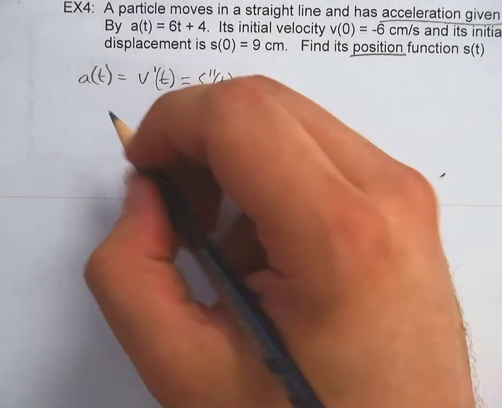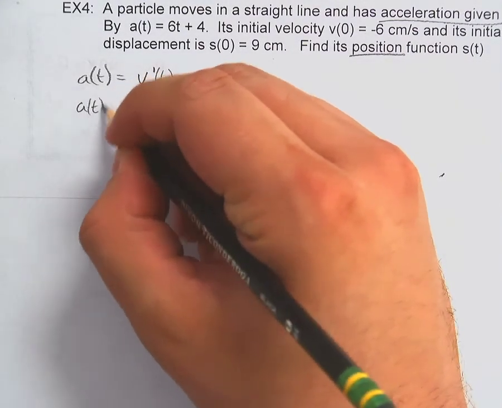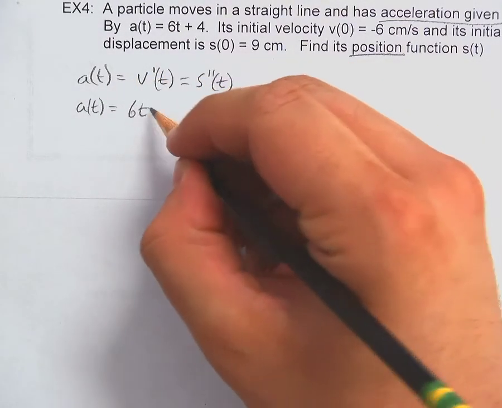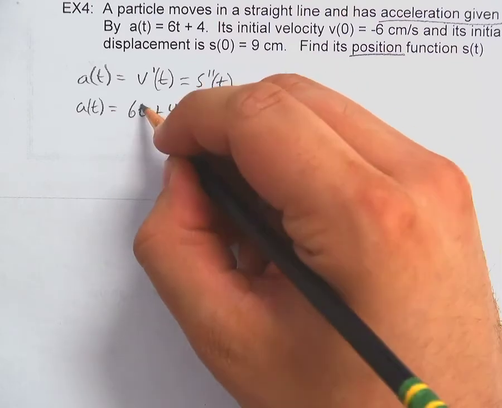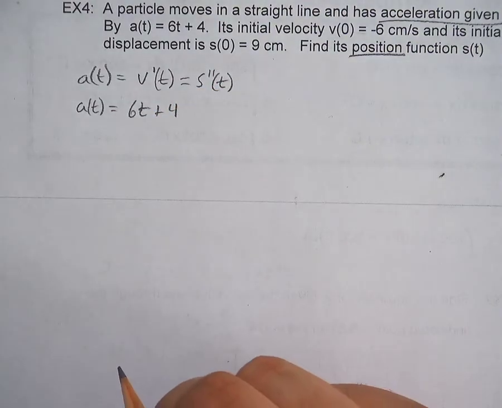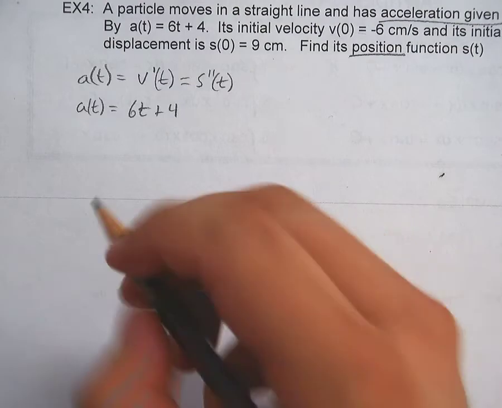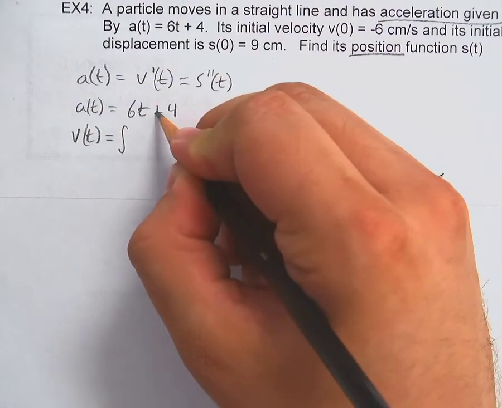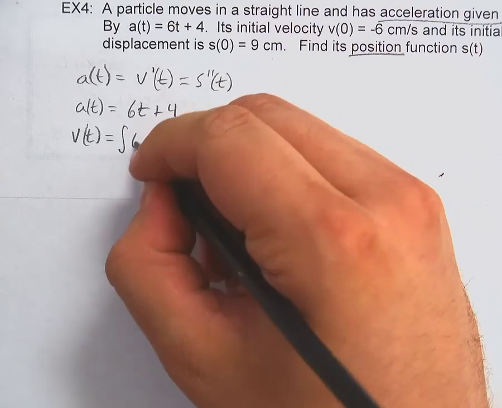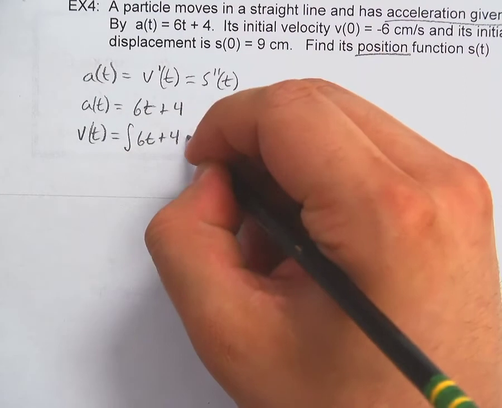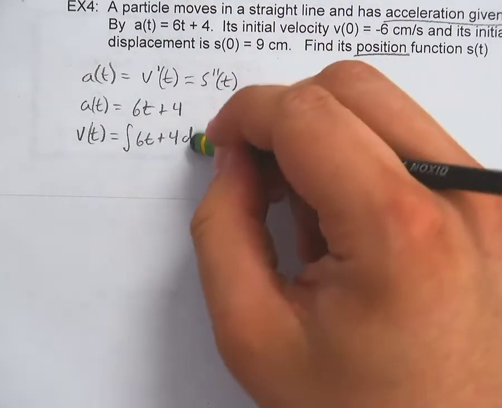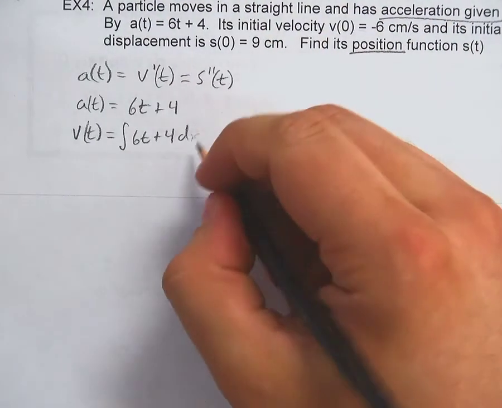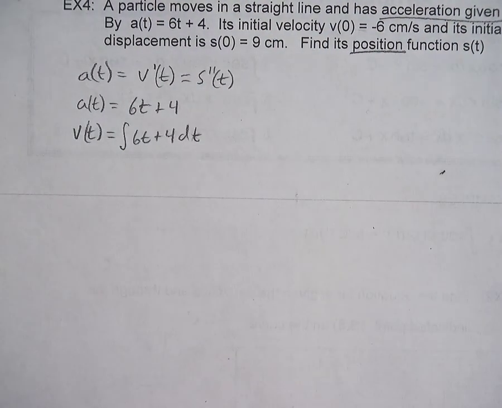So if I start with acceleration is 6t plus 4, then my velocity, v of t, is going to be the integral of this, dt. So let's take the integral of it.